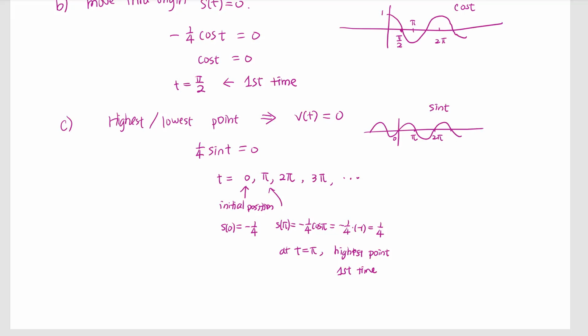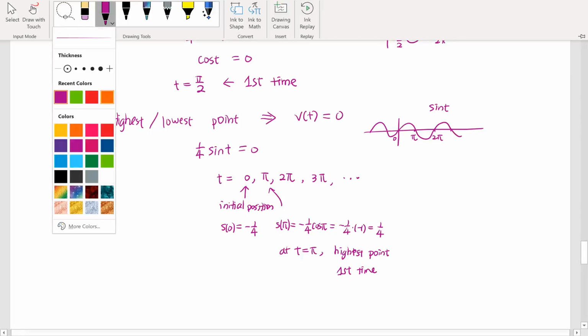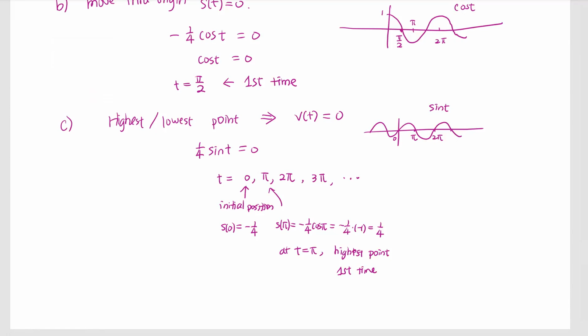And then how about 2 pi? At 2 pi, s of 2 pi is -1/4 times cosine 2 pi. Cosine 2 pi is 1, so you get -1/4. So this is the lowest point again.